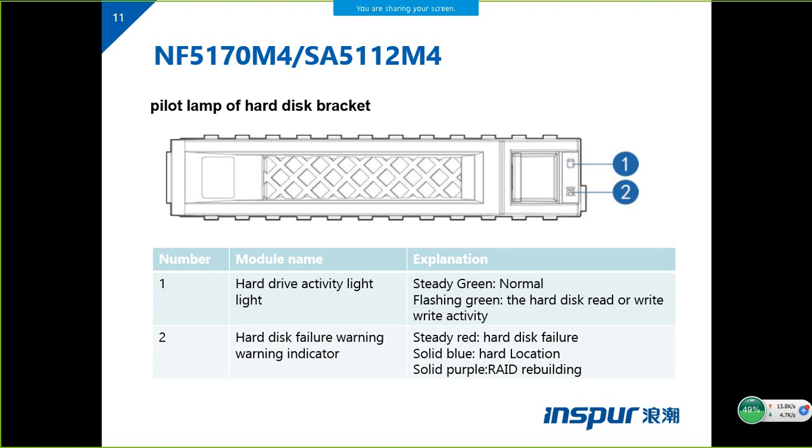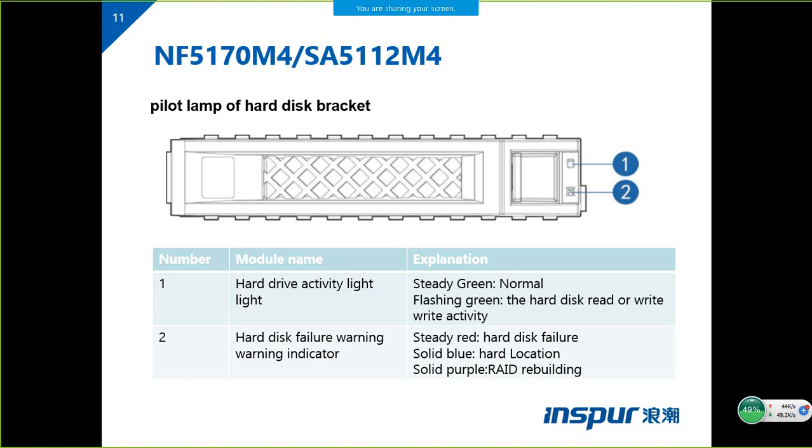If the hard drive activity light is steady green, it means the hard drive works normally. If it flashes green, it means the hard drive is reading or writing something.